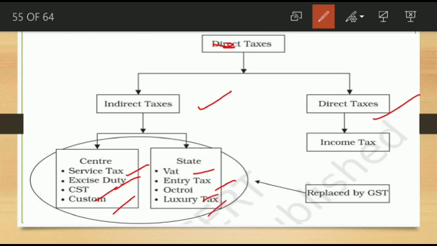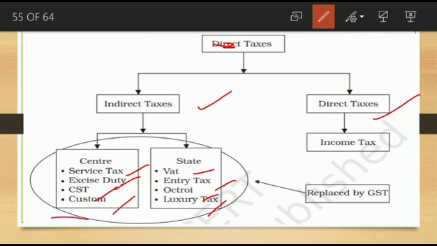Different taxes like these were levied by the state government as well as the central government. From the central government side, service tax, excise duty, CST and customs duty were levied. In the state government case, VAT, that is value added tax, entry tax, octroi and luxury tax were levied before GST was introduced.